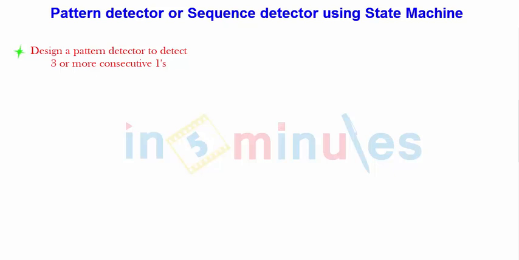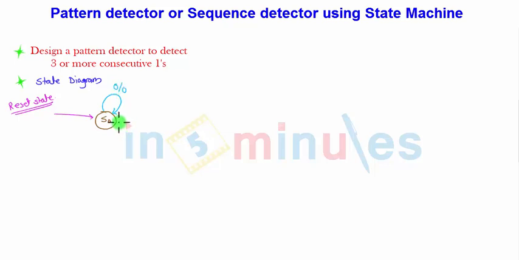The very first step is the state diagram. For this state diagram, let us assume the first state is S0, the reset state, through which we are going to count the number of ones arriving from the input X. From S0, if the input X is 0, then S0 will remain in itself and the output will be 0, because we have to detect ones.